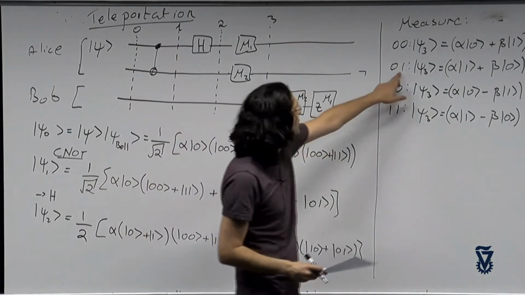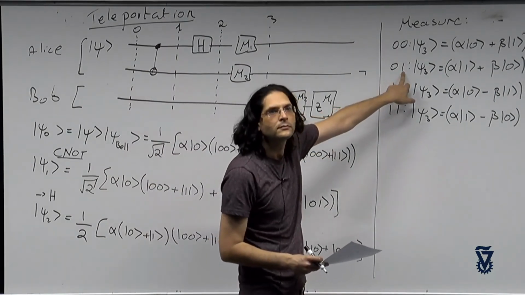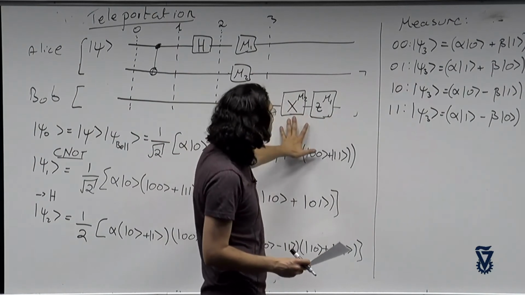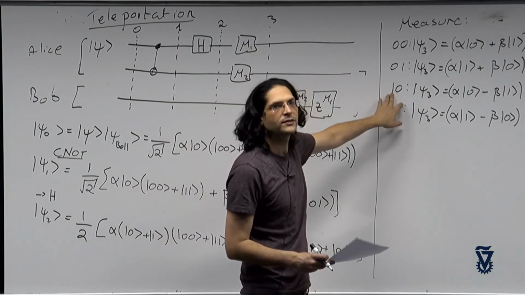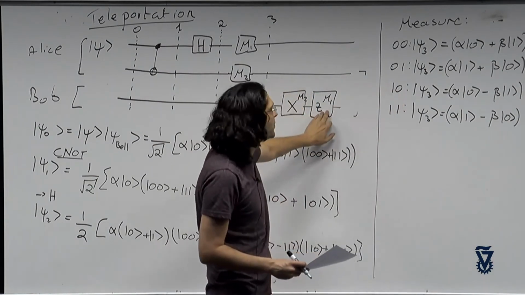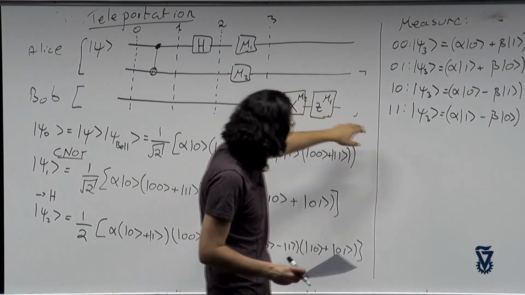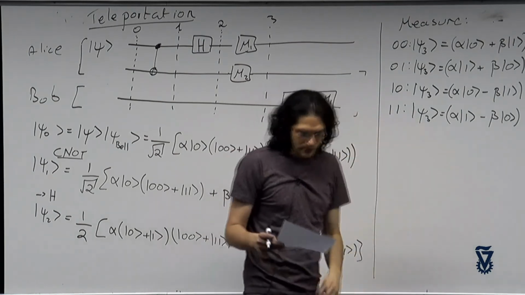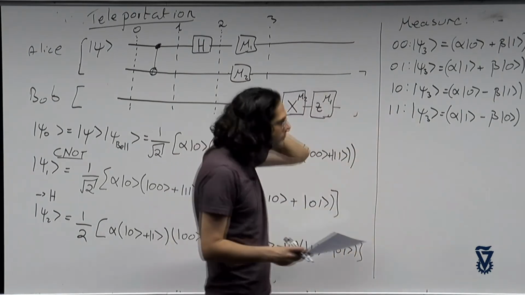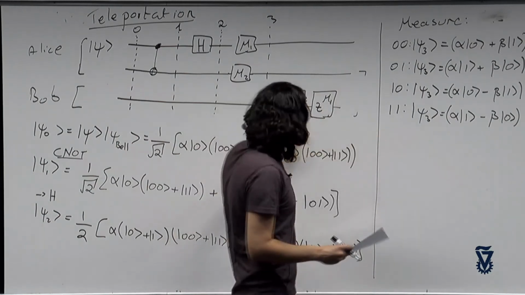All right, because if m2 gives us a 1, then we want Bob to do an x operation. If m2 gives us a 0 and m1 gives us a 1, we want just a z operation. And if they're both 1, we want an x and then a z operation. And then Bob has his state.